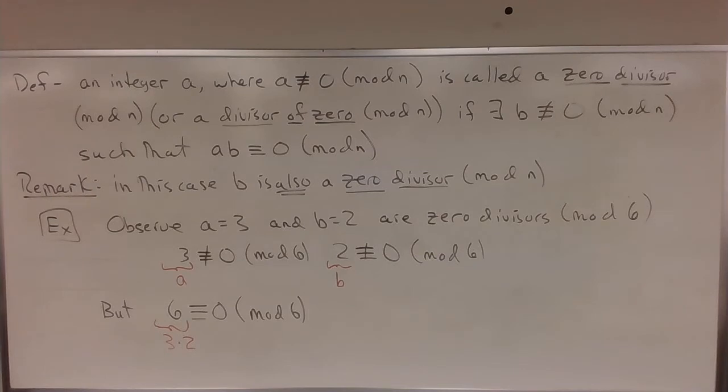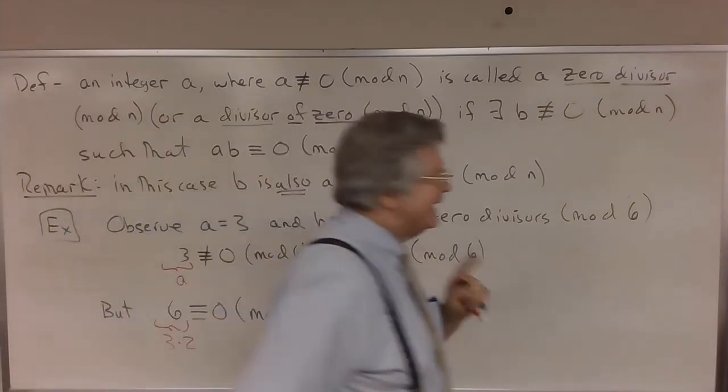So let's see, what would be another way of stating our original theorem that tells us exactly when we can cancel?